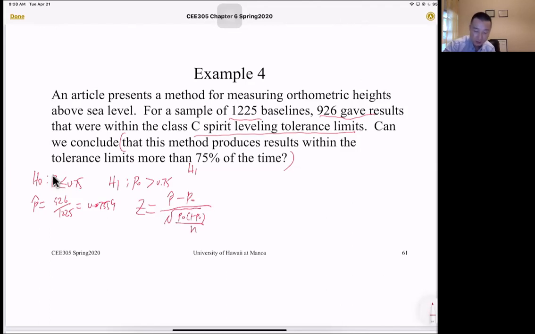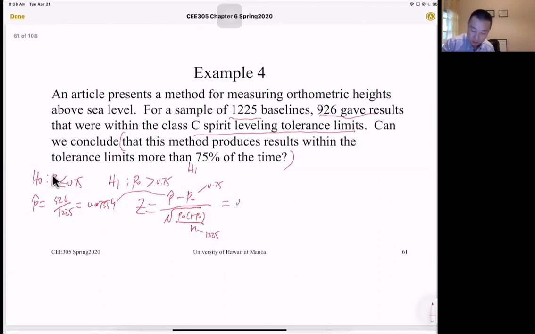The sample proportion is this, P0 is 0.75, and the sample size is 1225. We calculate the z-score, which is not very big: 0.48. Again, it depends on how H1 is asked.